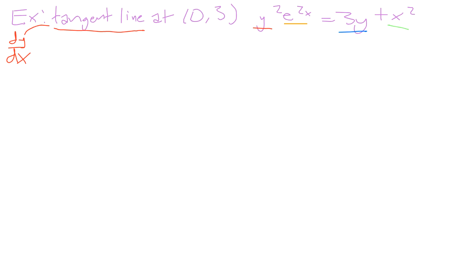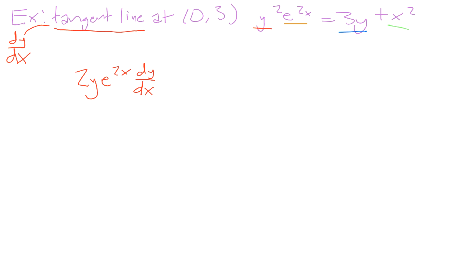So if we derive that first term, y squared e to the 2x, looking at our y, we're going to get 2y e to the 2x dy over dx.